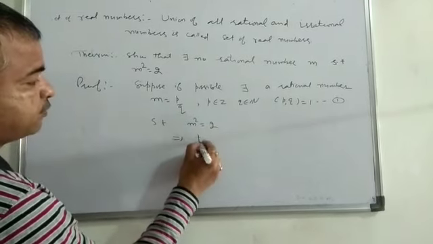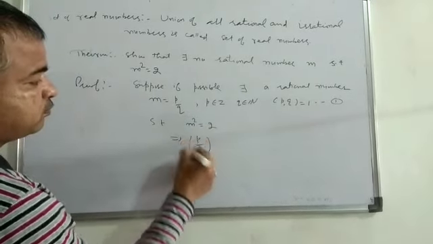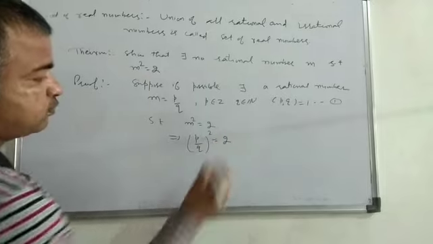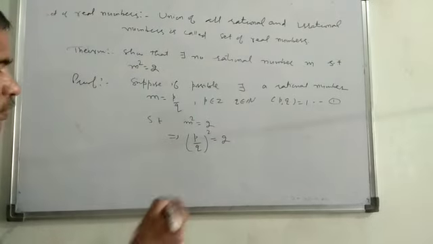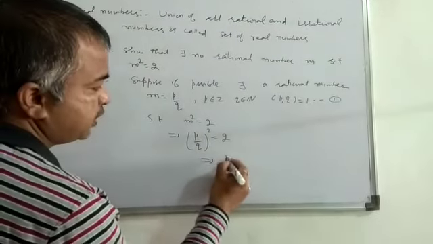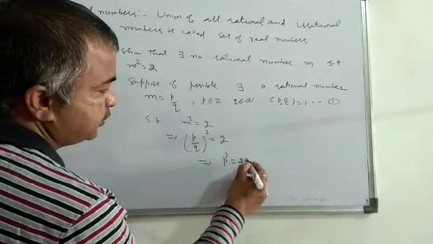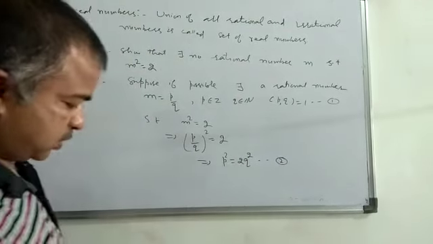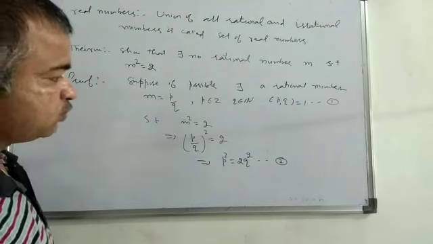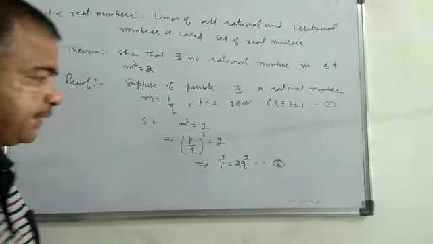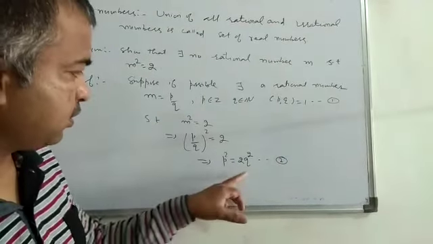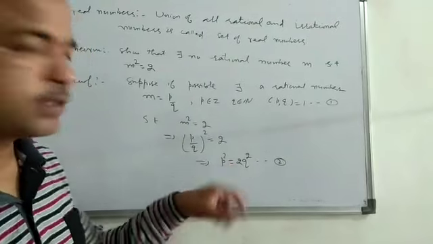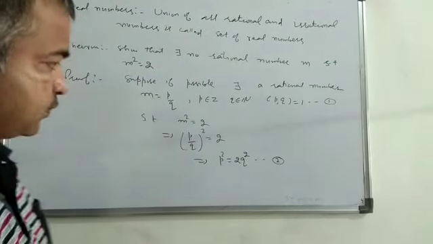It implies p square is equal to 2q square. Now the right hand side is 2q square, so the right hand side is an even number. So it implies p square is also an even number.